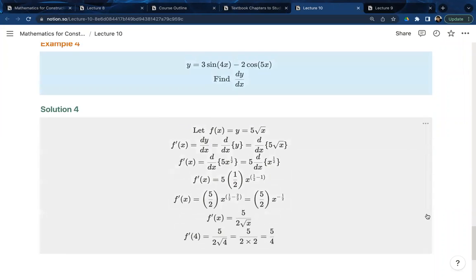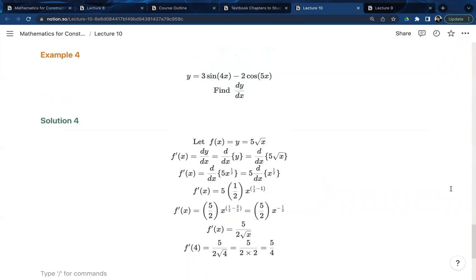So if I give you this function here, 3 sine 4x minus 2 cos 5x. This is a linear combination of sine and cosine, okay? When I want to find dy dx, how do you do this, right?